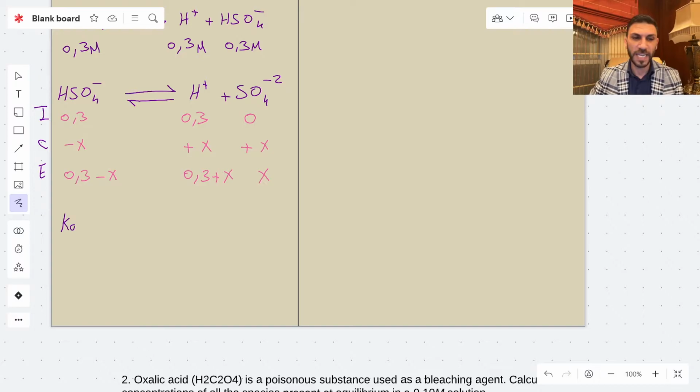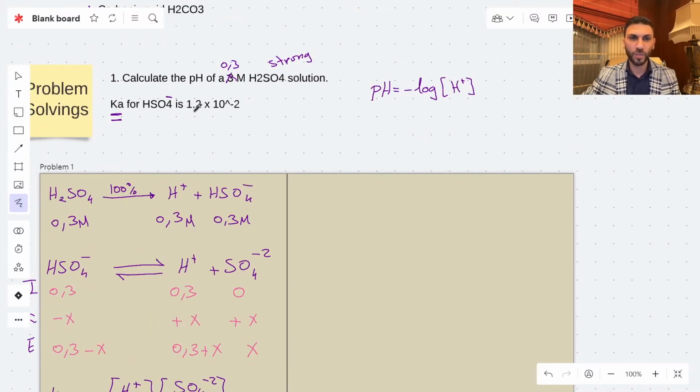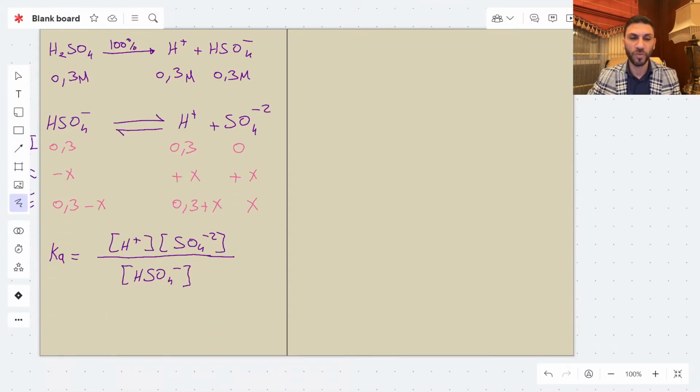That means Ka equals to the concentration of the products divided by the concentration of the reactant, which is HSO4 negative. And we already have it, which is 1.2 times 10 to the power of negative 2.